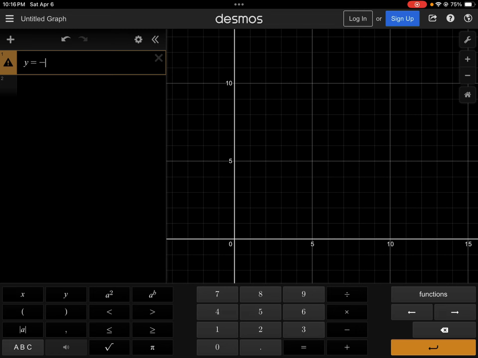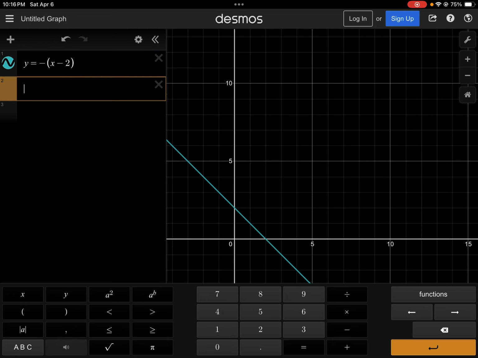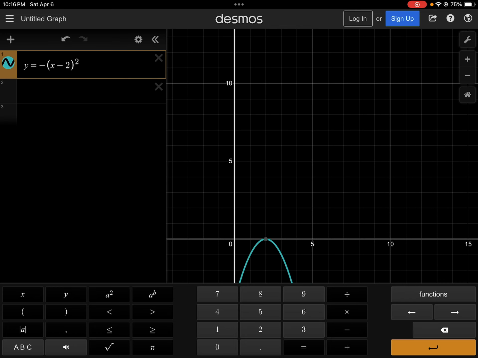Y equals negative x minus 2. That's going to flip left, right, because it's symmetric. It's not going to appear flipped. Sorry, it's going to be flipped vertically, but because it has the -2 with the x, it's going to move to the right. So let's see if I got it.